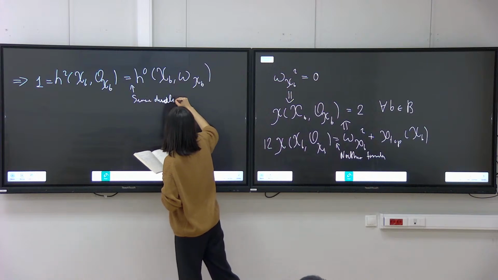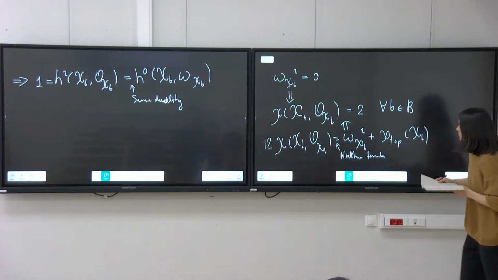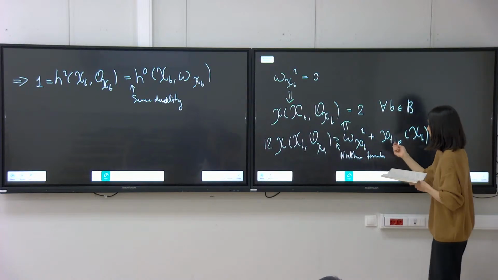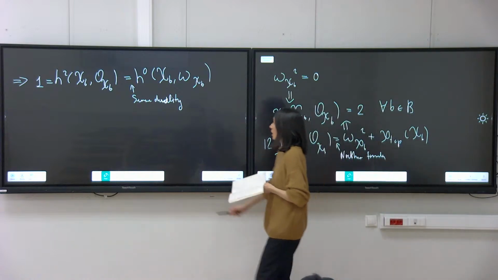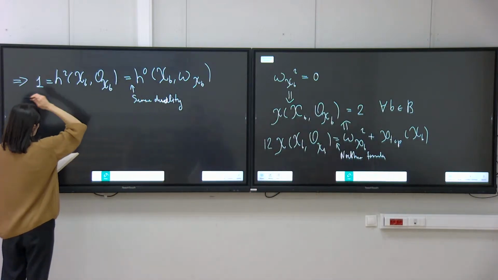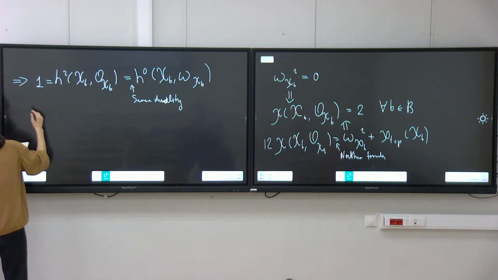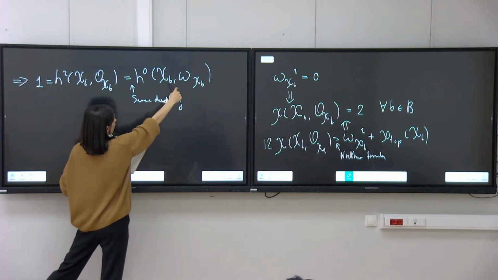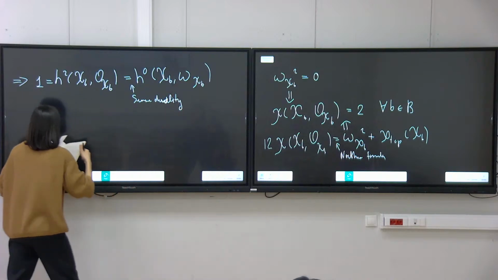So we know that there is a global section of the canonical class.